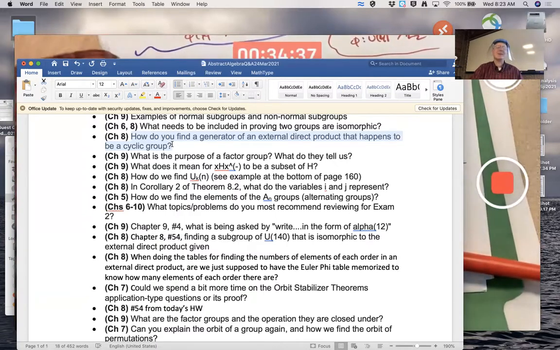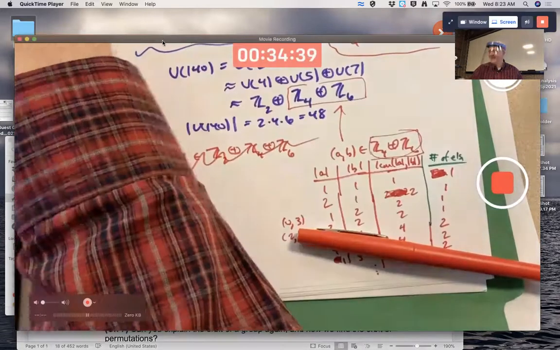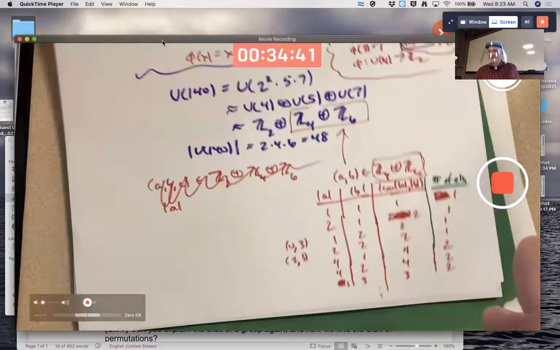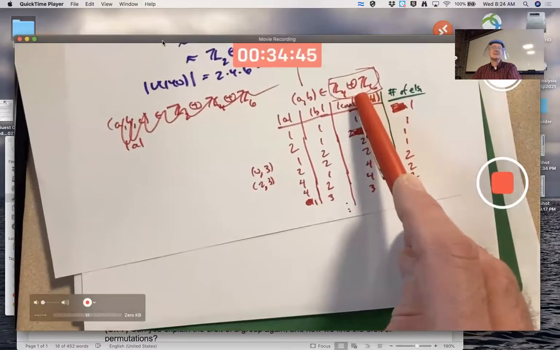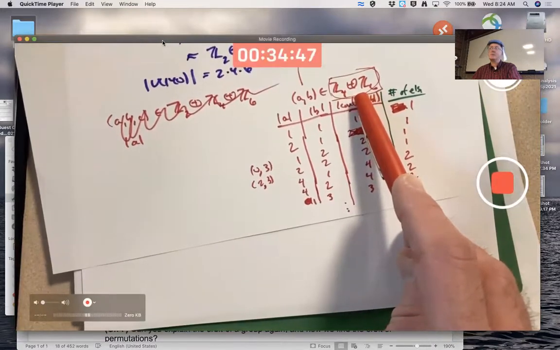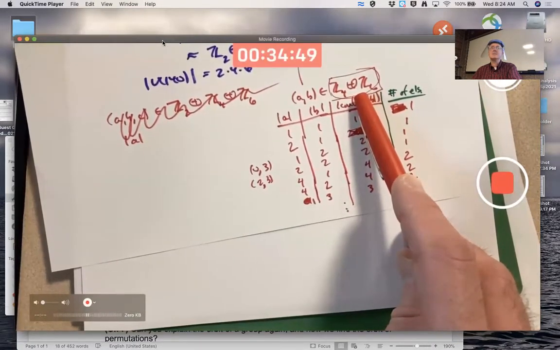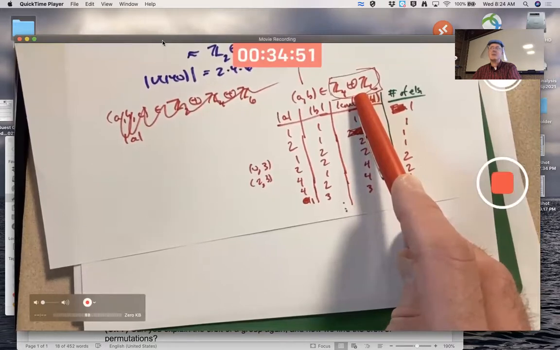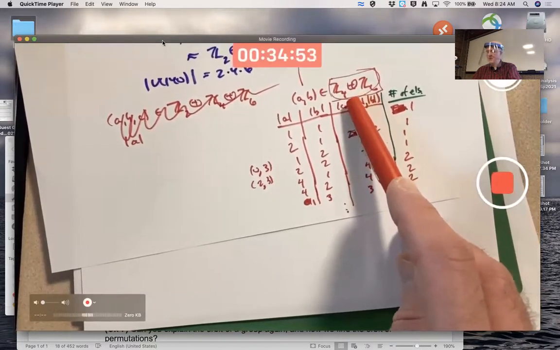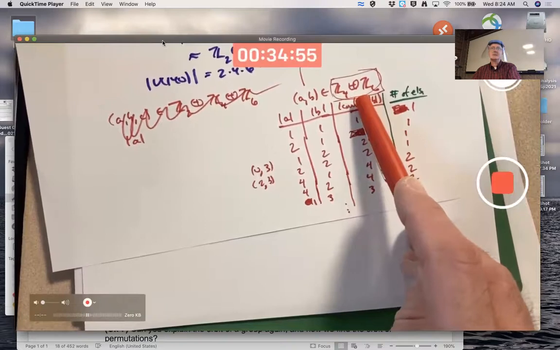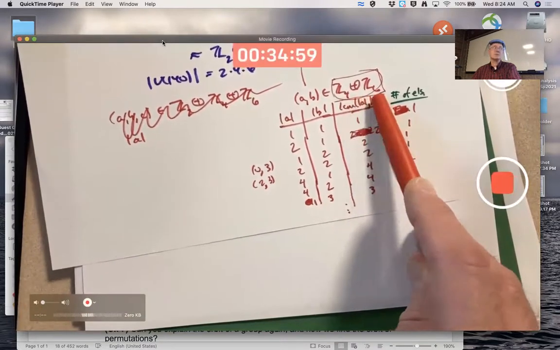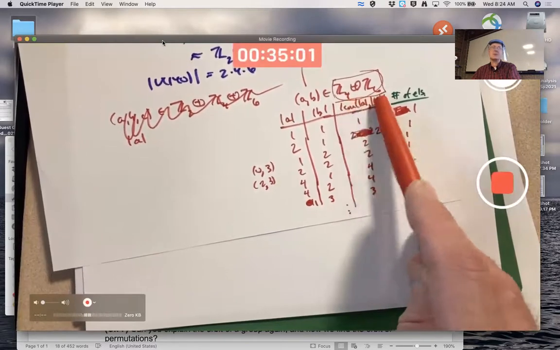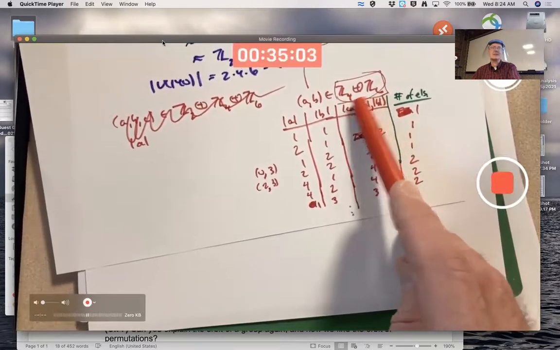Probably some experimentation. If we consider maybe a simpler example than Z4 × Z6, though that's not cyclic, right? Because 4 and 6 are not relatively prime. There's a theorem in chapter 8 that says an external direct product like this, of cyclic groups, is going to be cyclic itself if and only if the orders of these groups are relatively prime. 4 and 6 are not relatively prime. So this is not a cyclic group.